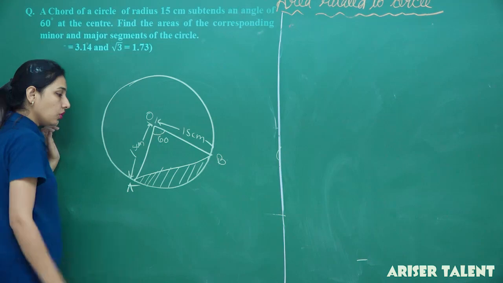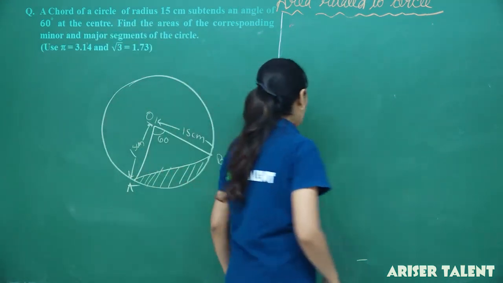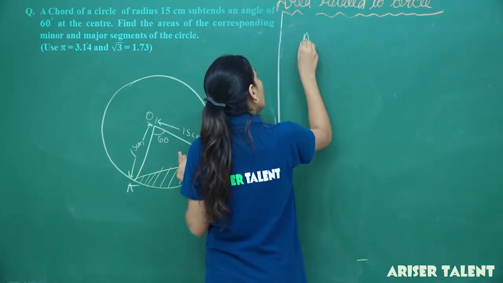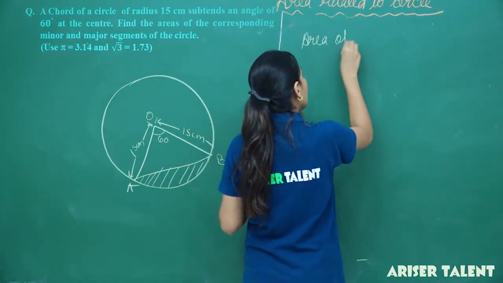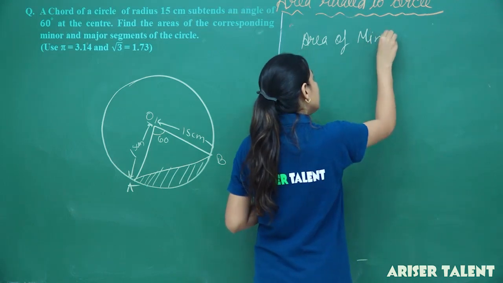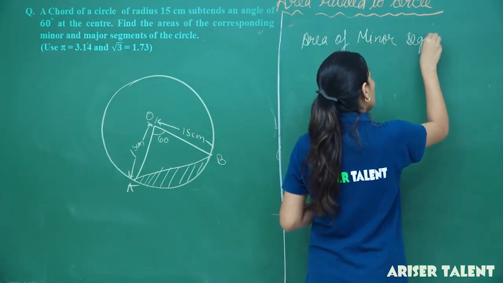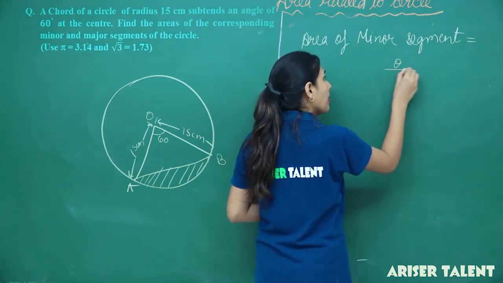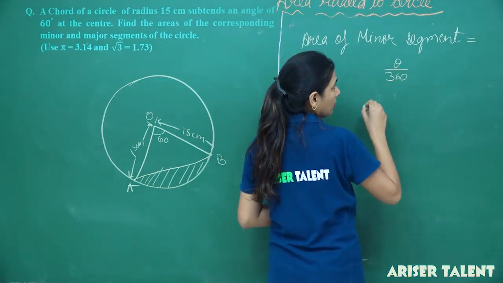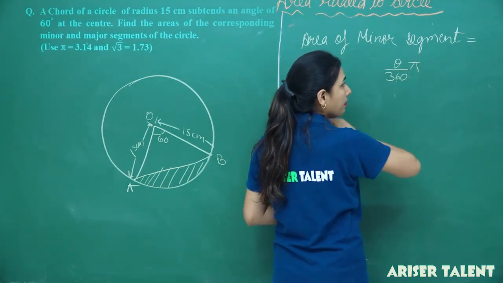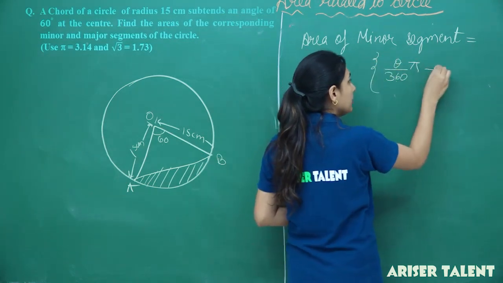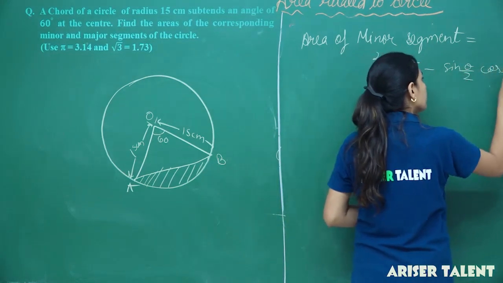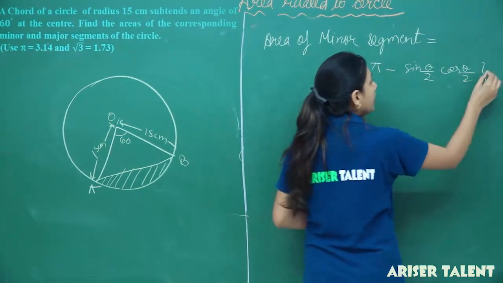This is O. Recalling the formula for the area of the minor segment: it equals theta by 360 times pi minus sin theta by 2 cos theta by 2, multiplied by r square.